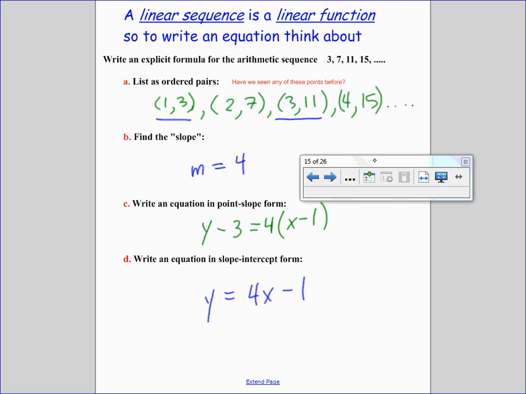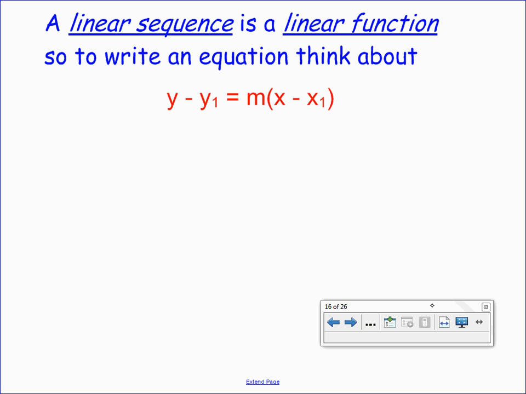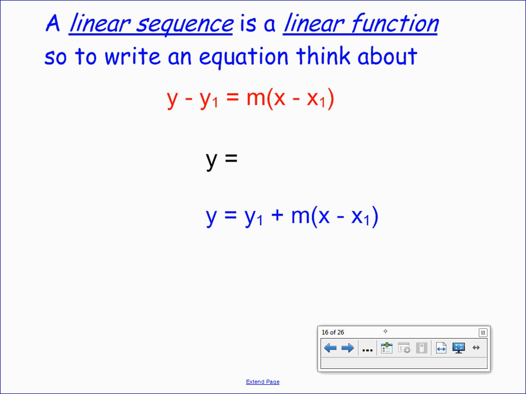And so this linear function that modeled the points for a line can be used to generate the basic form for an arithmetic sequence, an explicit formula for an arithmetic sequence. A linear sequence is a linear function, so to write it, we can think about our point-slope form. We can go ahead and solve for y and generate our same exact form.